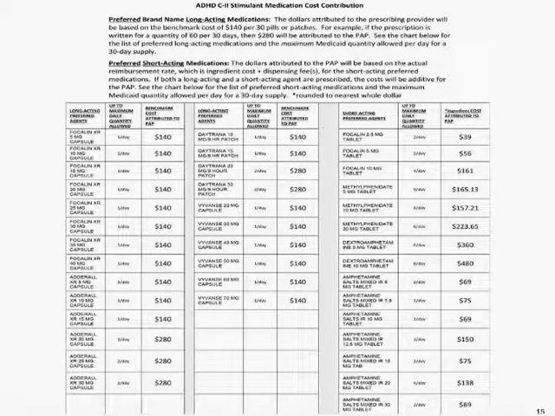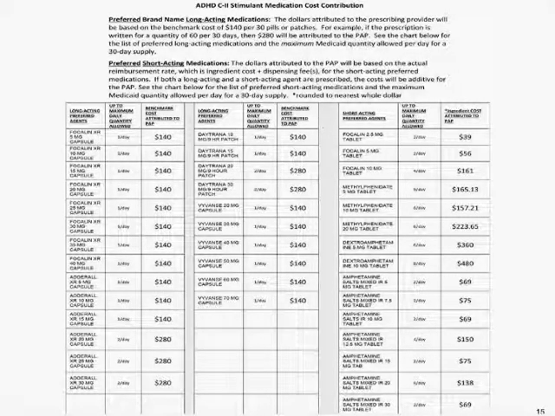A benchmark cost of $140 for 30 pills or patches has been arrived at in developing this episode. So if you're using one of these long-acting stimulants, and it's one a day, the cost would be $140. This is the cost that was arrived at. It's not really the actual cost, but it's a cost that felt was appropriate for this episode.